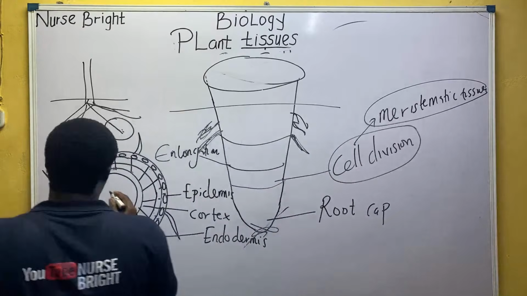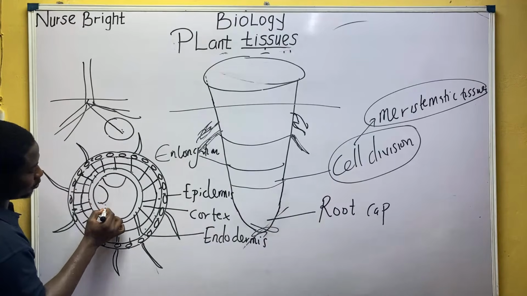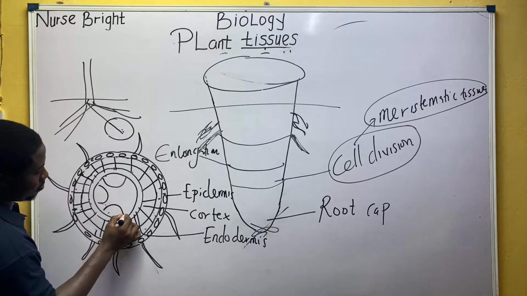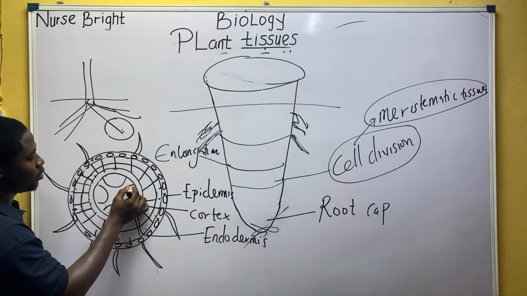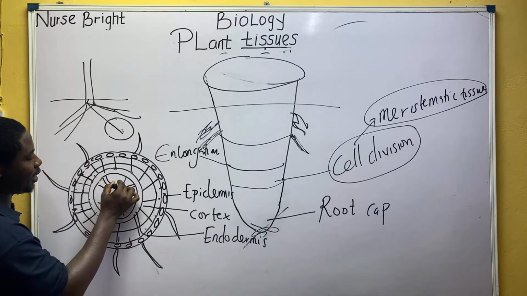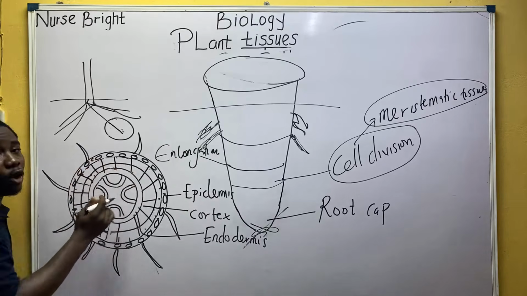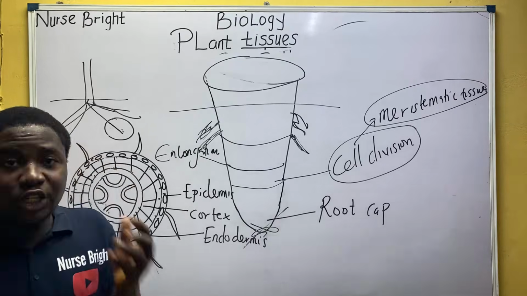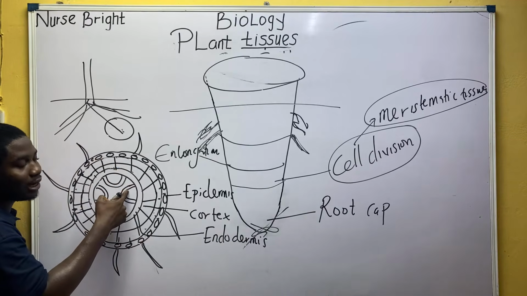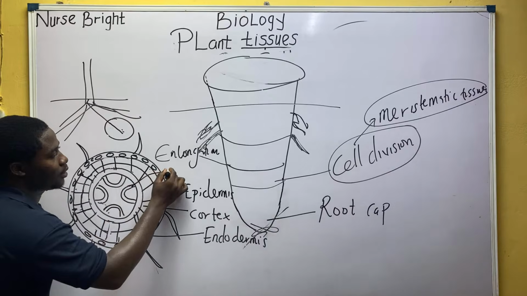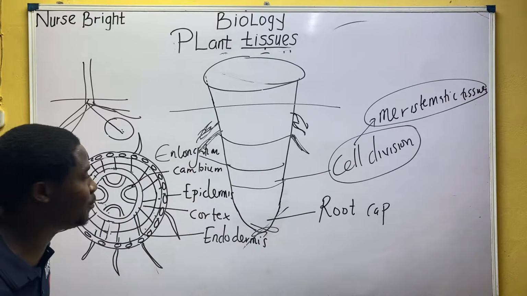Now look at how this works. Everybody pay attention. There's a double layer like this, and like this, right? Inside this place are the vascular tissues like the cambium. The cambium forms this layer, a meristematic tissue called the vascular cambium.